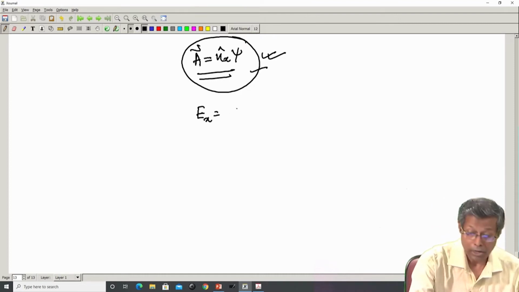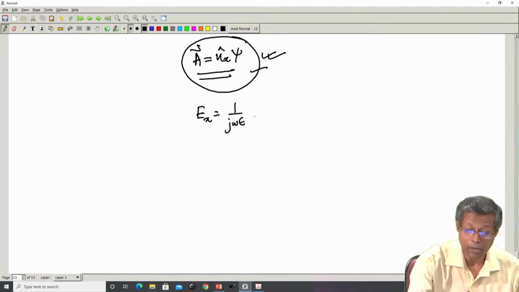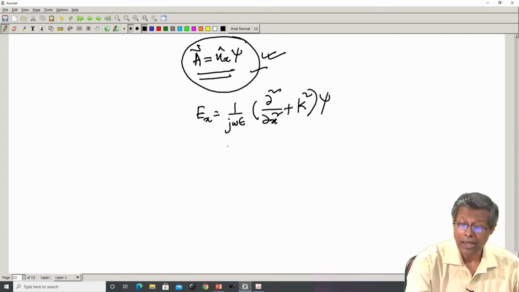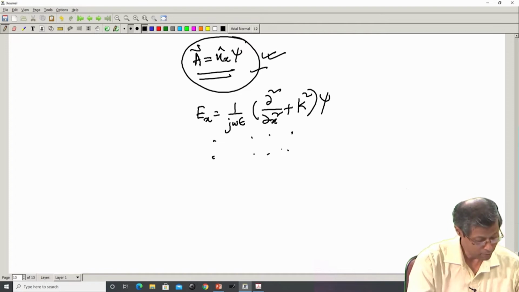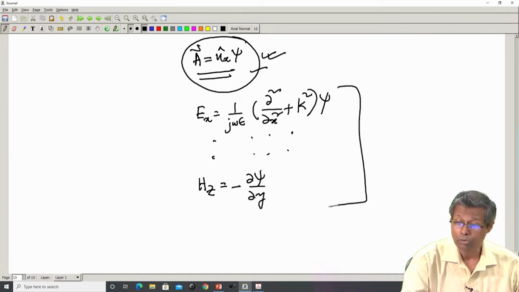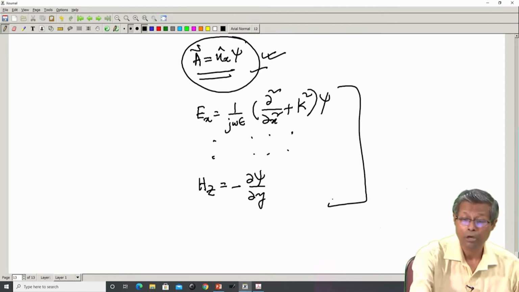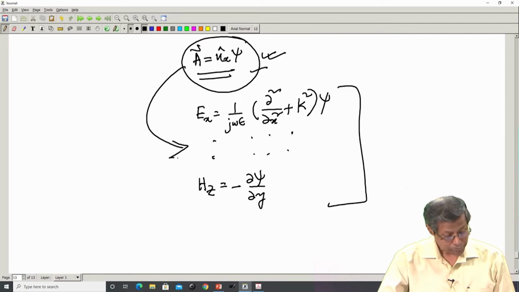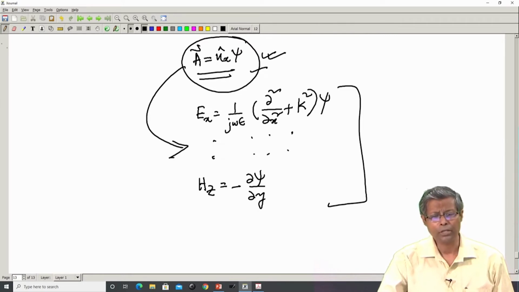Ex we found as 1 by j omega epsilon, del square del x square plus k square, psi, and so on and so forth, and finally, Hz was found as minus del psi del y. So, you go through all those sets of equations which we derived before, and from those equations we can find out the explicit forms of the electric and magnetic fields for the LSM even and LSM odd modes.